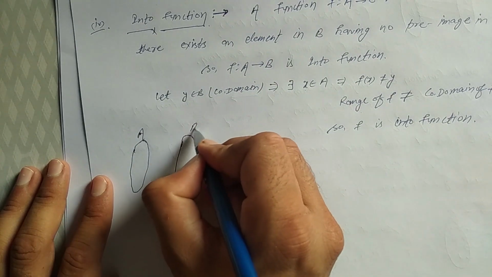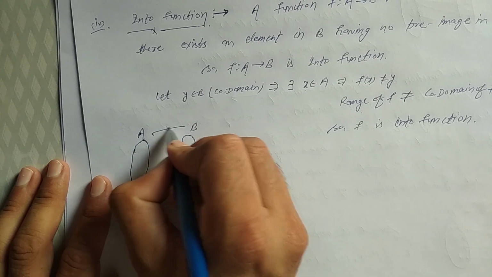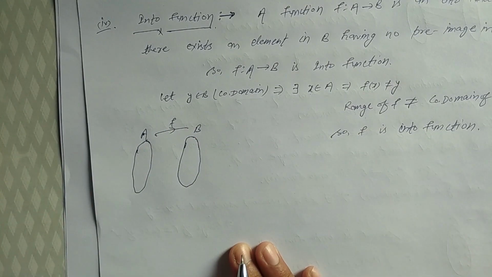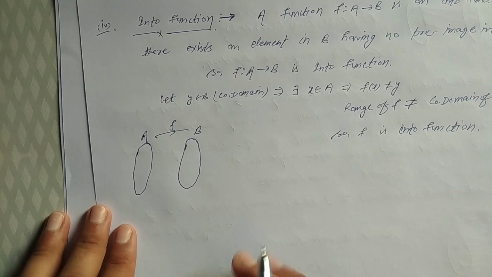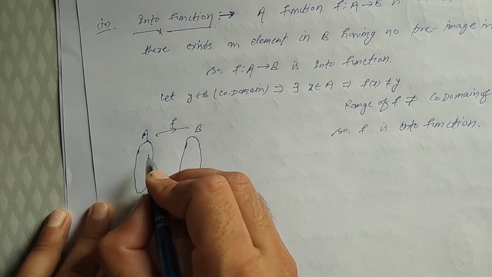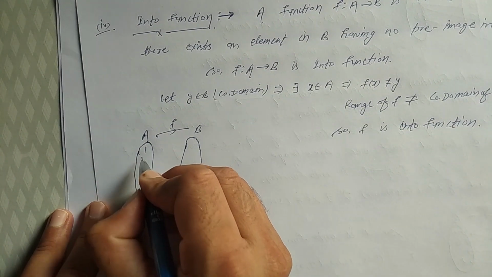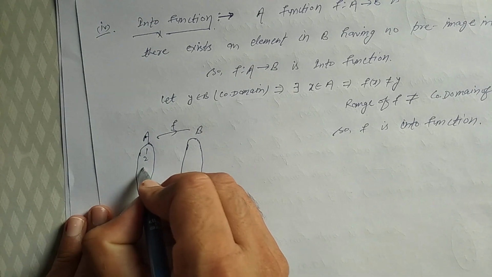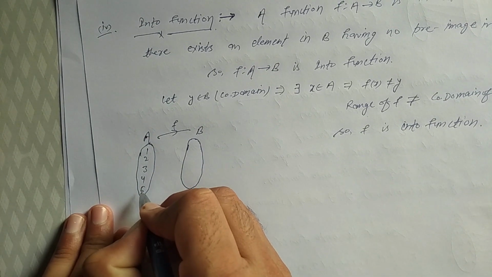set A, set B. Elements of set A: 1, 2, 3, 4, 5.